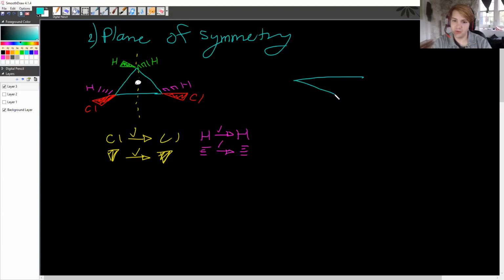So just to show you what's going on in kind of a 3D fashion, here we have the chlorine sticking above the plane of symmetry. Here we have the hydrogen sticking below the plane of symmetry. And what I want you to notice is that we have the hydrogen sticking up and the hydrogen sticking below.